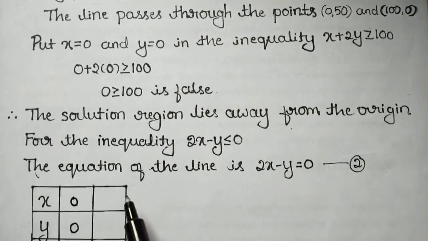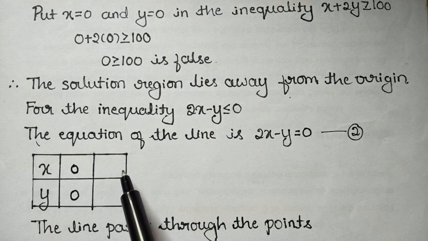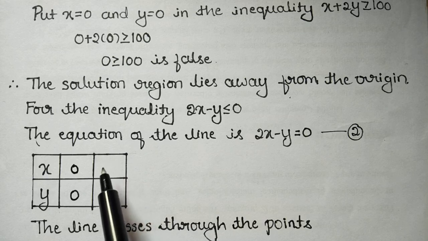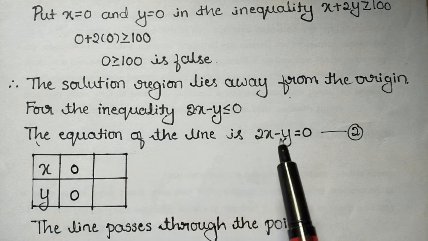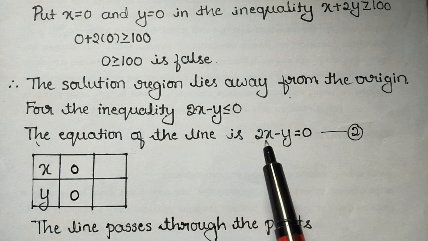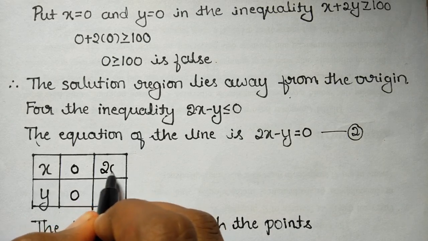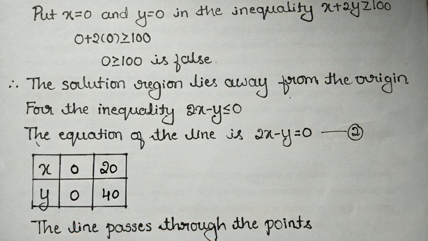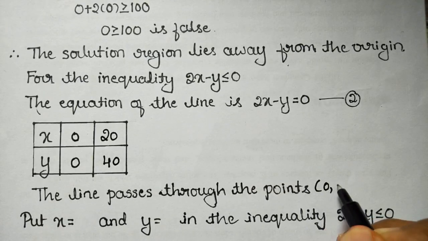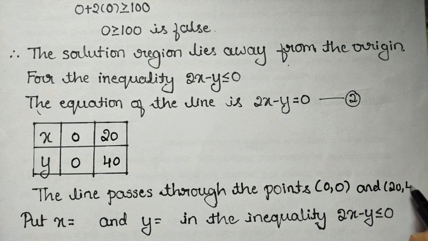So you may choose the value of x in terms of multiples of 10, either 10, 20, 30, 50, 100 or any value. I'll substitute x as 20. Then the equation will become 2 into 20 is 40, y is 40. When x is 20, y will be 40. Then the line passes through the points (0, 0) and (20, 40).